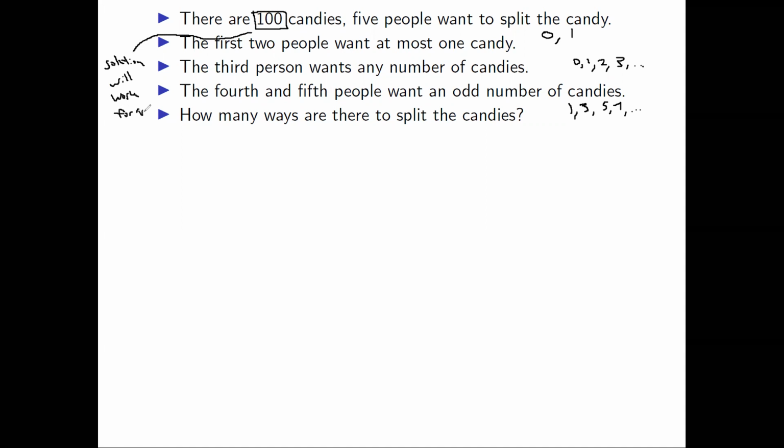So for any total, if we have 100, 1,000, or 1,000,000,000, we can use the same solution. In fact, we can take the second to last step of our solution and read off the number of ways for any number of candies just from that step. The very last step will just be plugging in 100. The second to last step will have our answer for any possible number of candies.